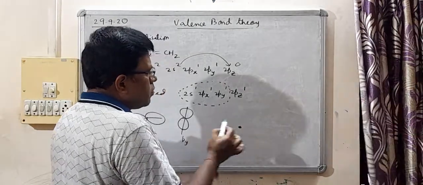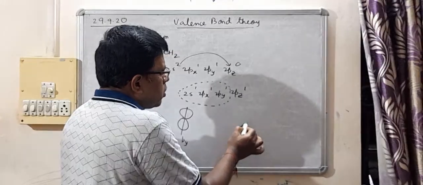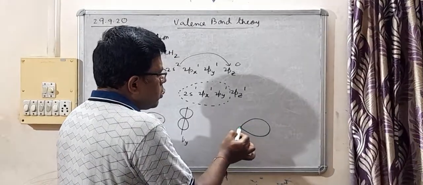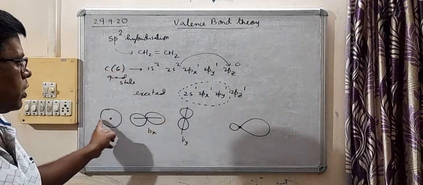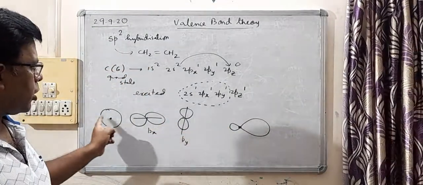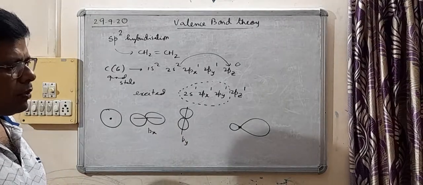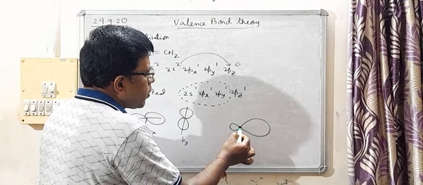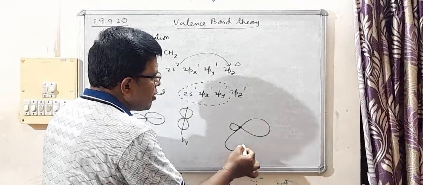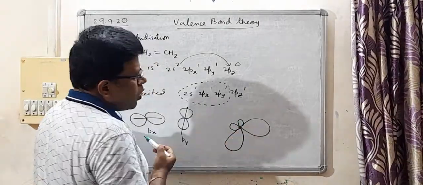The carbon atom. This is the hybrid orbital that forms by mixing these three, and it is called an sp2 hybrid. This is another sp2 hybrid.